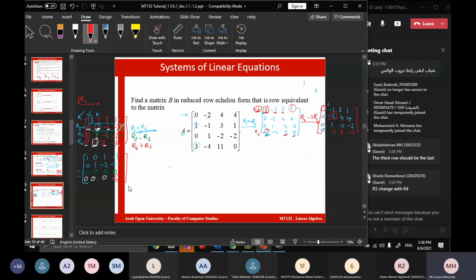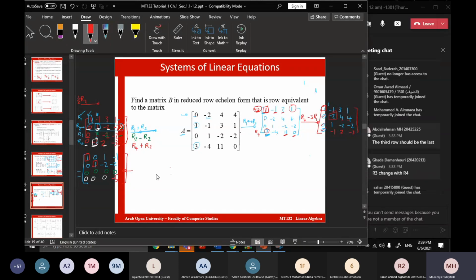Yes, exactly. Now this is my first leading one. This is my second leading one. The first time a row appears where all its entries are 0, I have to change, to change what? R3 and R4, because there is a row where all its entries are zeros.